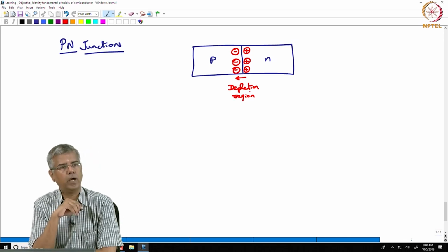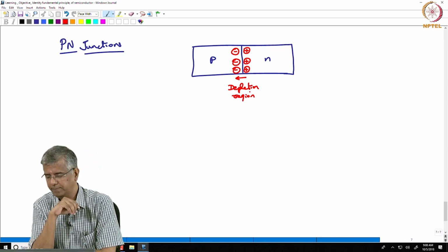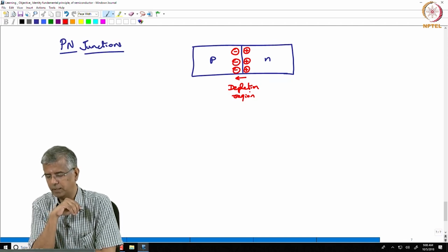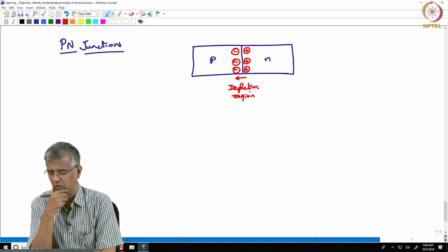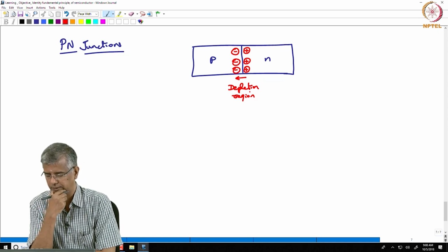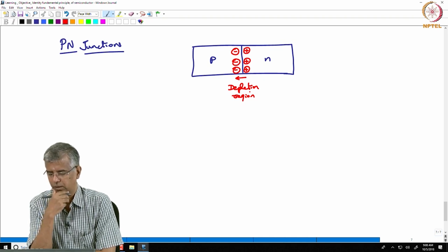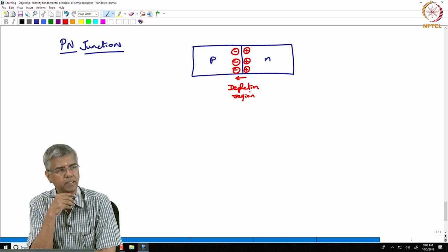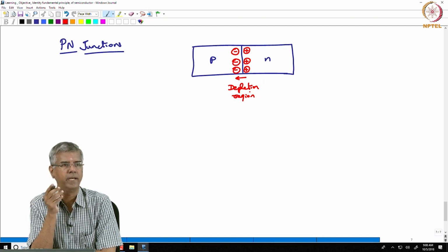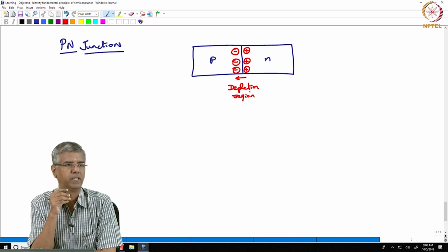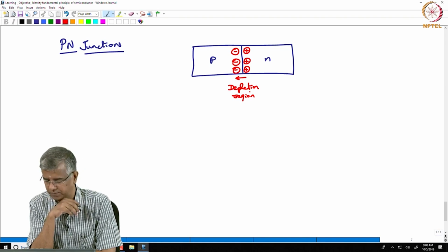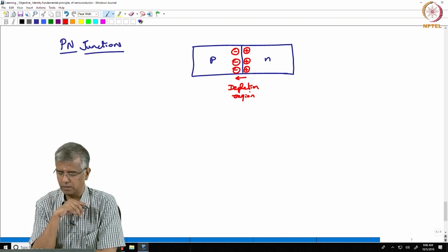Okay. So you have a depletion region where you do not have any mobile carriers. Okay. And of course you can also say that there is an electric field across that, and correspondingly there is a potential difference that is developed across that junction. Okay.